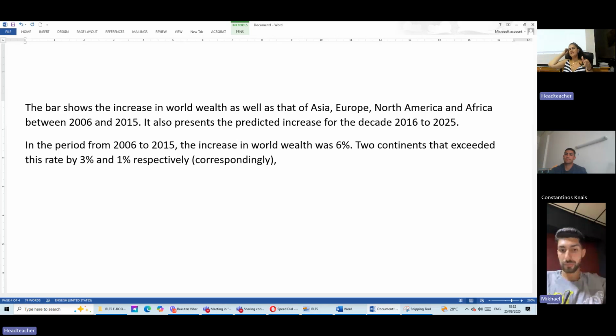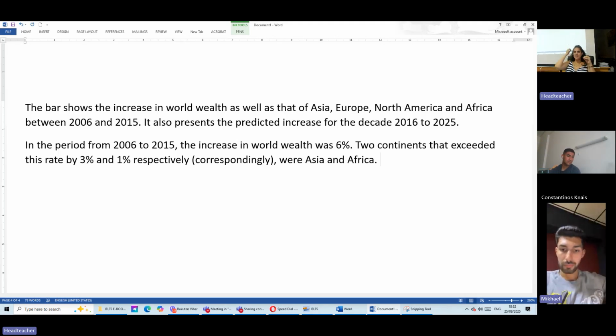So by 3% and 1%, the two continents that exceeded this rate by 3% and 1% respectively, and we're going to analyze this word, were Asia and Africa.